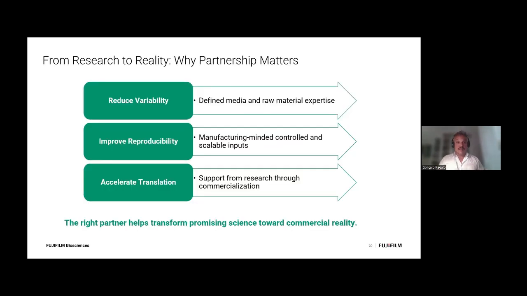As far as we are concerned, and I know the relationship between vendors and developers is quite different in academia, I think in early stage developments, reach out to your provider, in our case Fujifilm Biosciences, or whatever provider you have for your ideal process step, because in principle partnership matters, right?